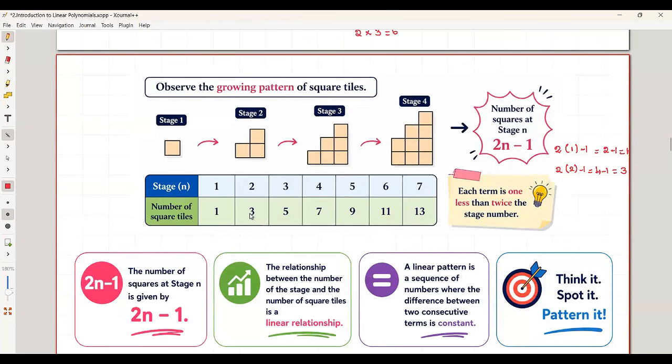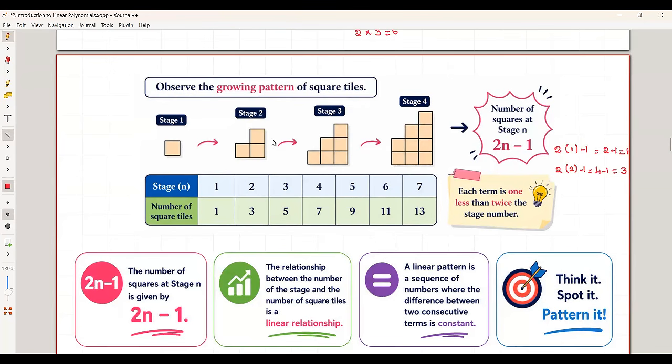Now I'm getting the number of squares in the second stage. Next, if you take n is equal to 3, you will get 5. N is equal to 4, you will get 7. So the number of squares in each tile stage is forming the 2n minus 1 pattern.